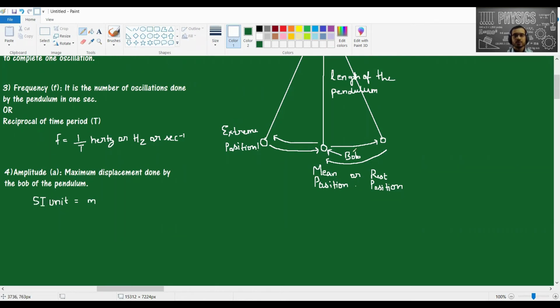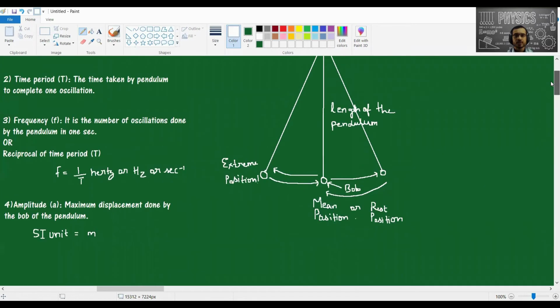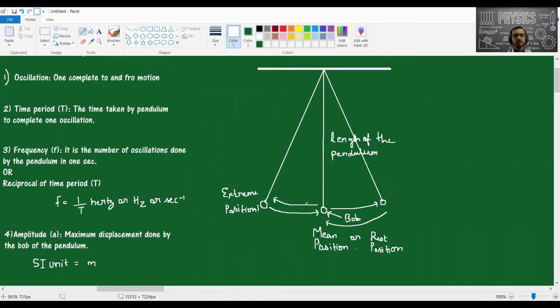If we have to understand what is displacement here, there could be two ways to measure the displacement. First is along the horizontal direction, horizontal displacement, and vertical displacement. Two types of displacements this bob is making.